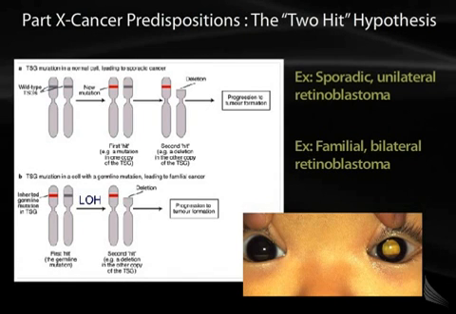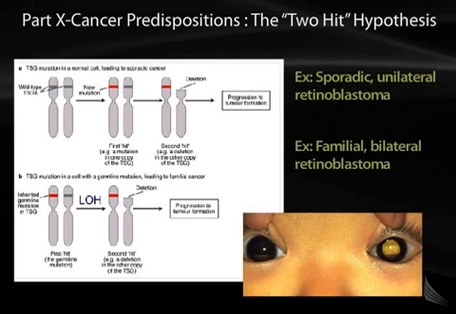Now, these predispositions for cancer come as part of what we call the two-hit hypothesis. A normal person, as we see up above, has two wild-type alleles for the TSG gene. In order to lead to tumor formation, they would have to have a mutation in one copy and then a second hit, a deletion or a mutation in the second copy, because again, these are recessive settings.